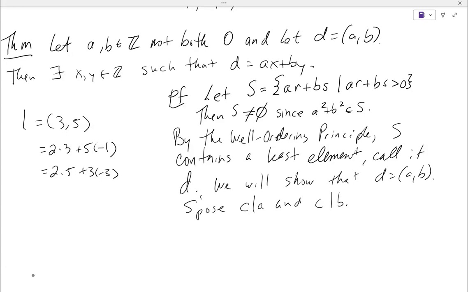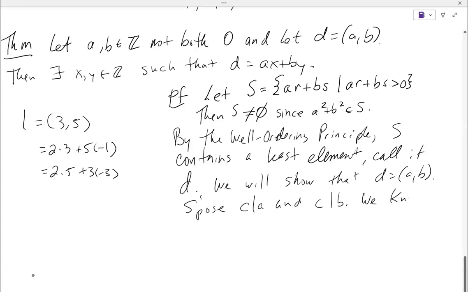Okay. All right. Well, notice that we've created a linear combination that gives us D, right? So if C divides A and C divides B, why do we know that C also divides D? Let me write this down.